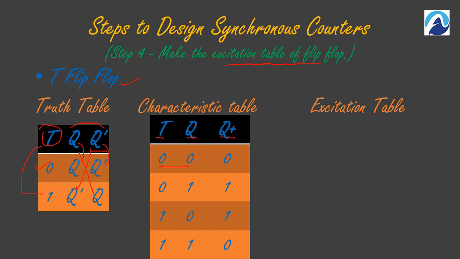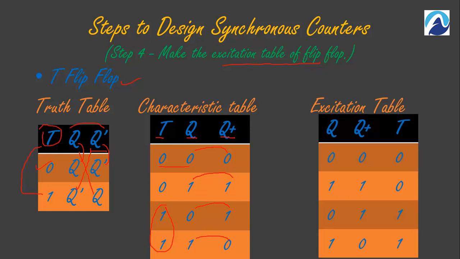If the previous value Q is 0, the next value Q plus is also 0. If the previous value is 1, the next value is also 1. But if the value of T is 1, the toggle state, then the stored value 0 becomes 1 when the clock comes, and 1 becomes 0. So this is the expanded version of the truth table.